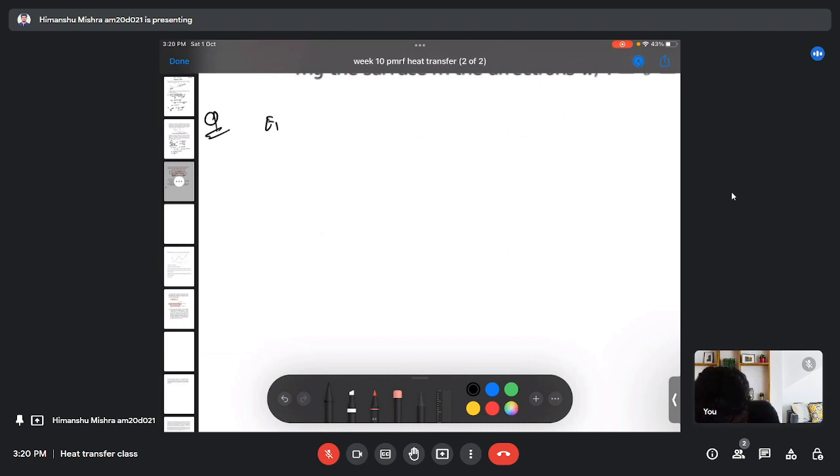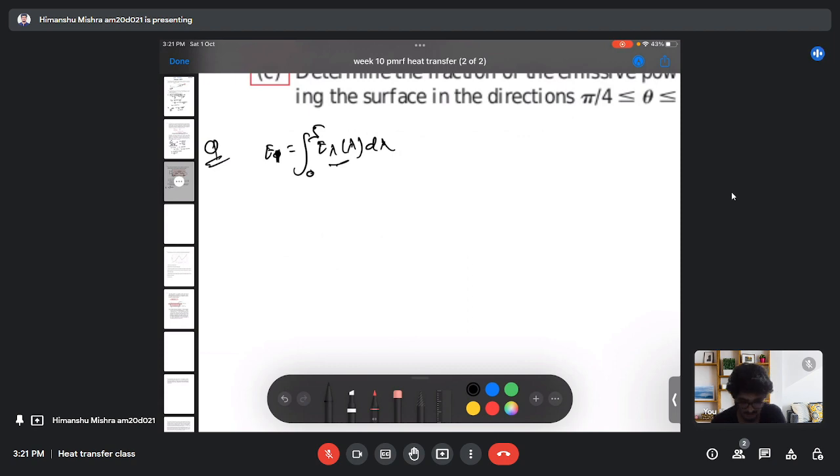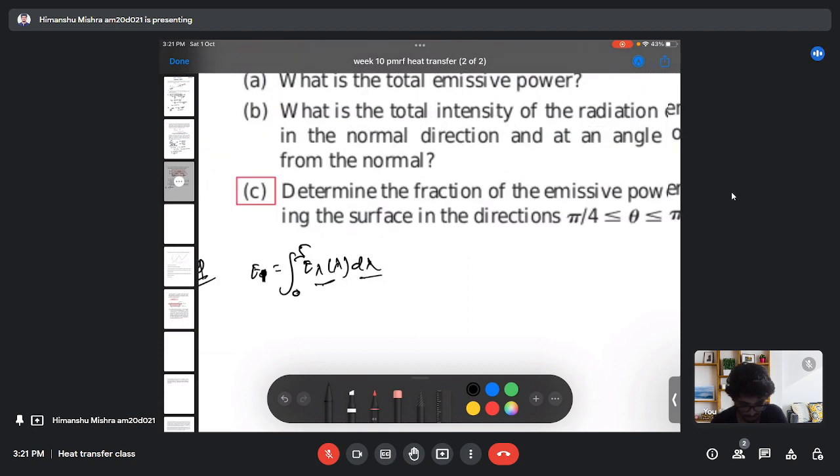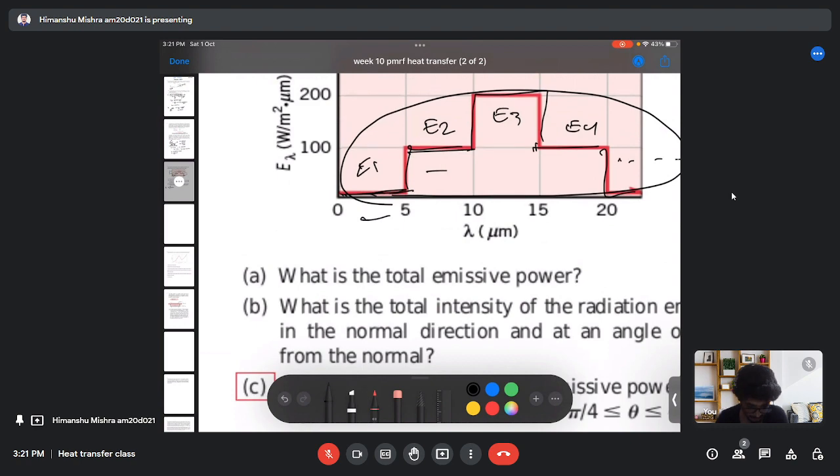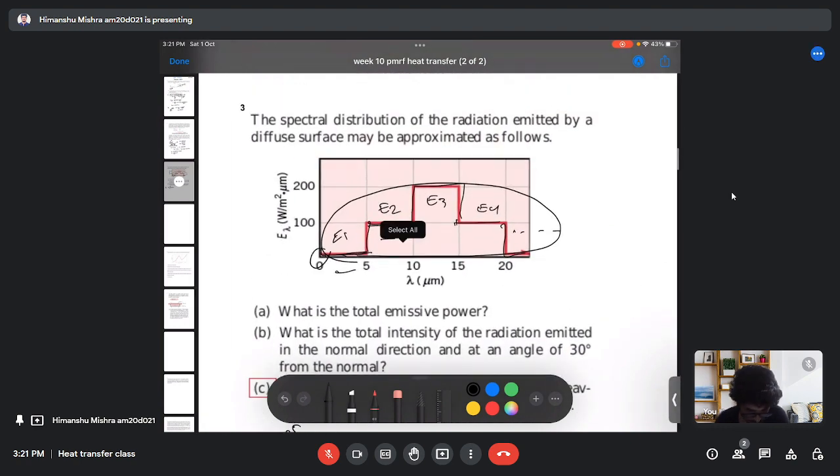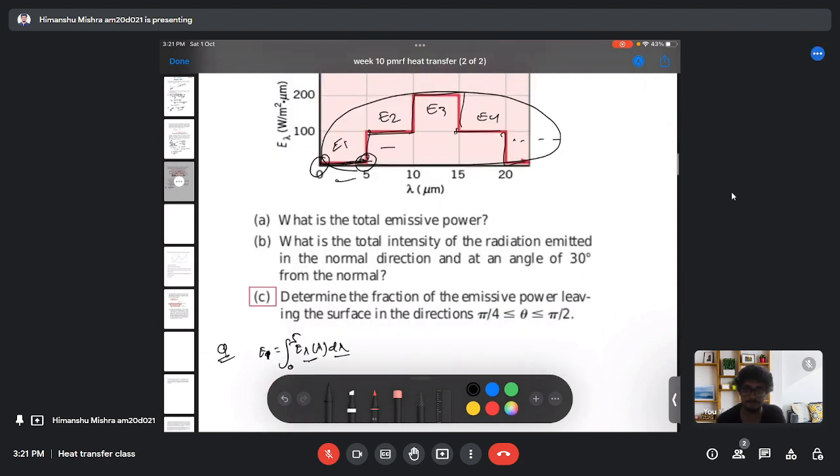So my E1 is the integration of emissive power in wavelength from 0 to 5.